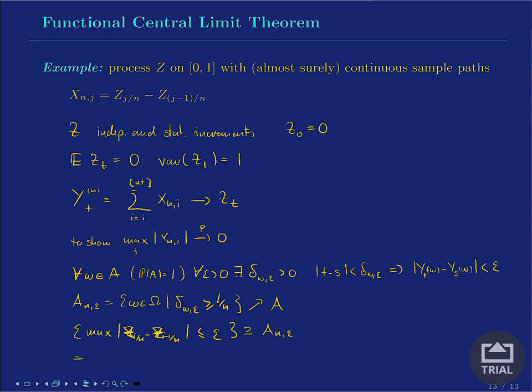So that finally implies that the probability of the maximum of Z_{i/n} minus Z_{(i-1)/n} being larger than epsilon is smaller than the probability of A_{n,epsilon} complement, which converges down to 0.